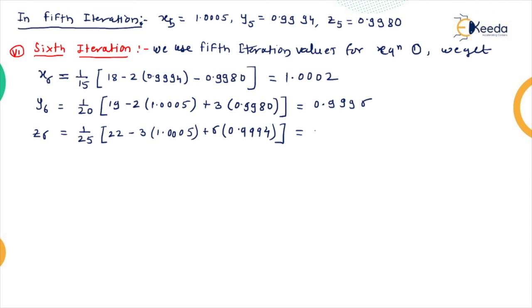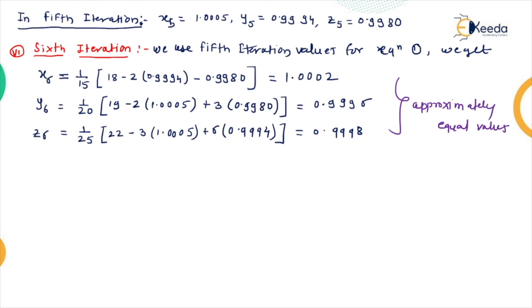So we get 0.9998. Now you have to check the values of x, y, z. There is a little bit of difference, but a small one, and these are approximately equal values.